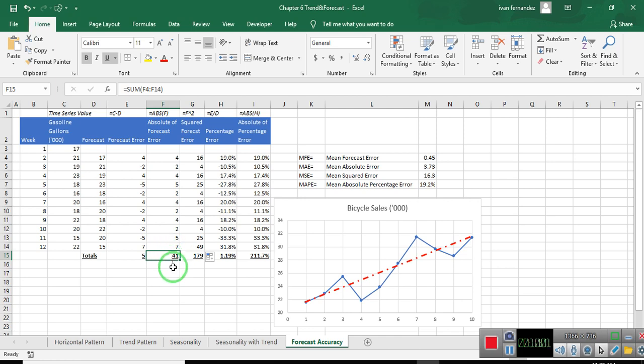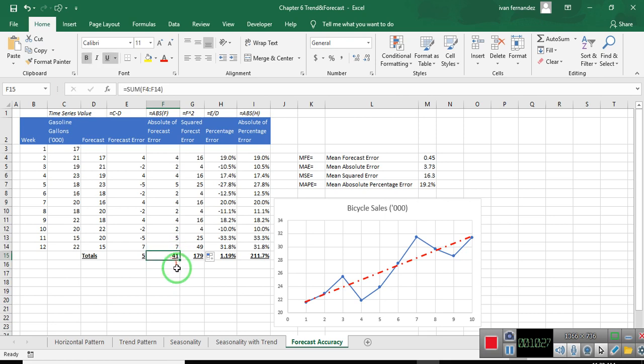But let's say it's $41 out of forecasting sales of cars for Ford Motor Company or Cadillac, if you only made a $41 mistake in a multi-billion-dollar sale, I think you're pretty good. I think you're amazing actually.